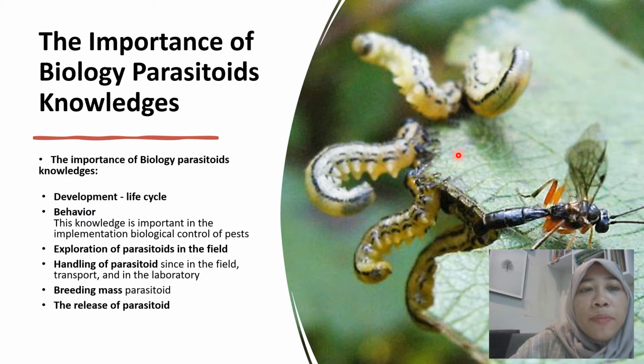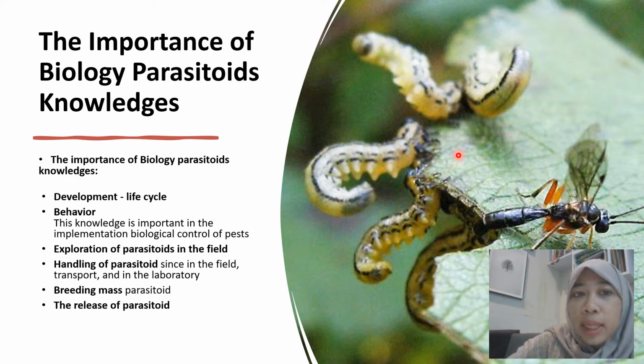The importance of knowledge about parasitoid biology. What can we do to enhance the population of natural enemies? We can produce and do mass rearing. Mass rearing itu adalah perbanyakan massal, ya.